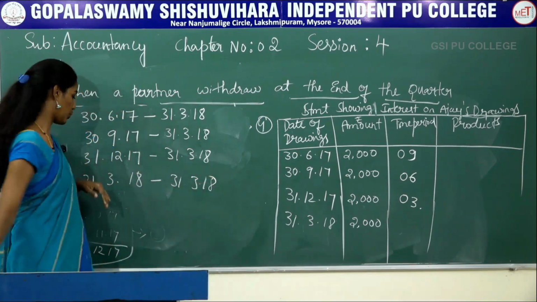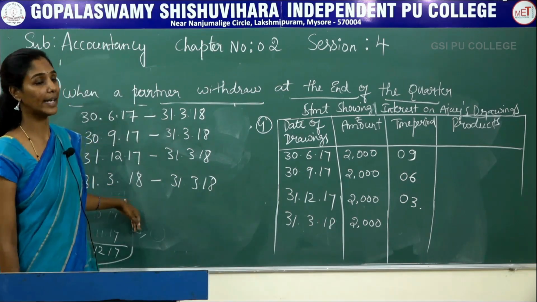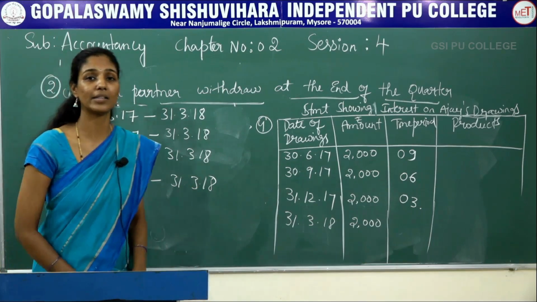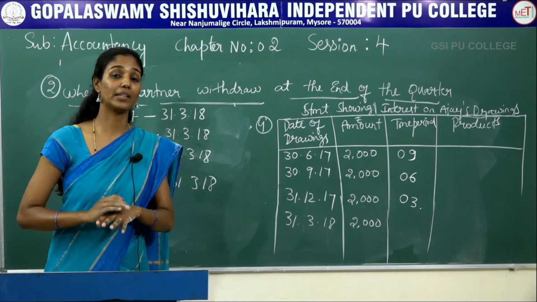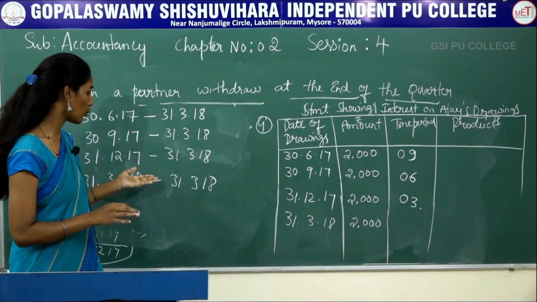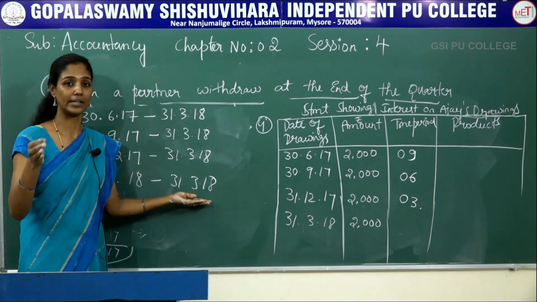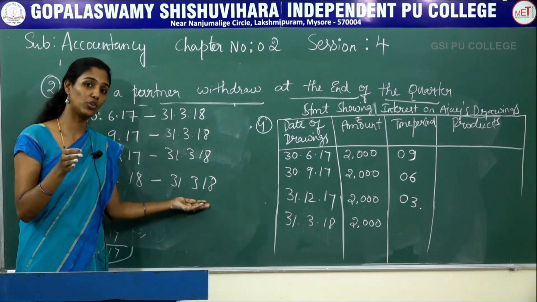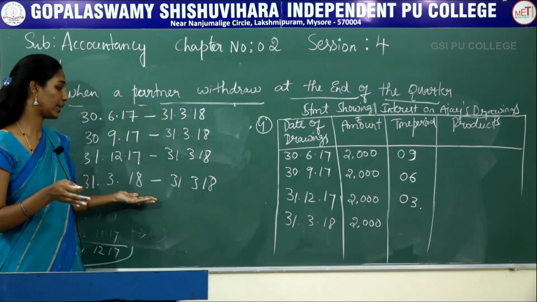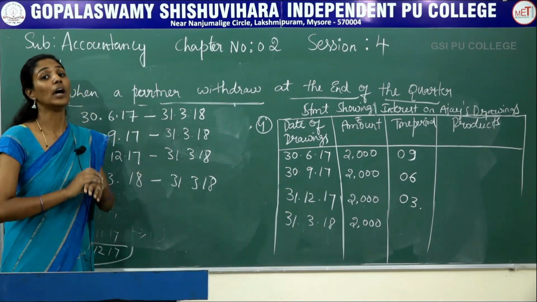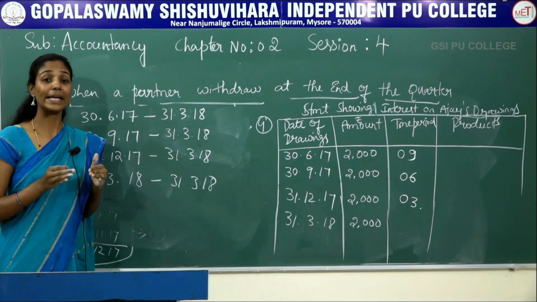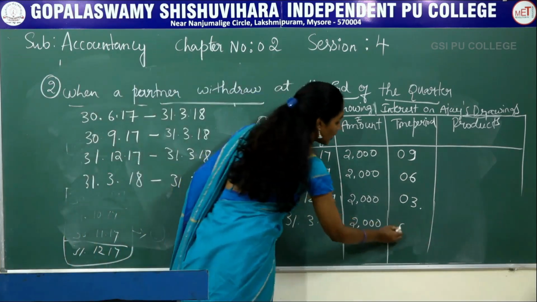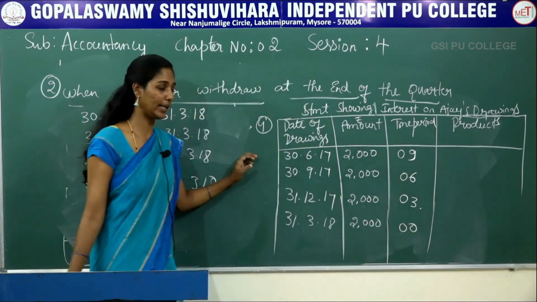Here also you exclude the last day of the month, so the remaining number of months will be 0, because the books of accounts are also closed on 31/3/2018 and at the same time he has withdrawn. There are no remaining days for calculating interest on his drawings. So 0 days.